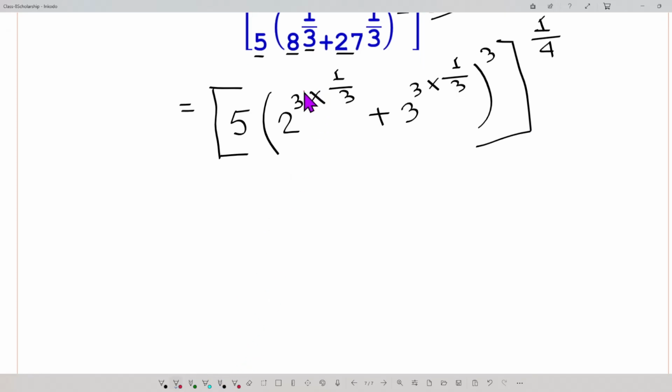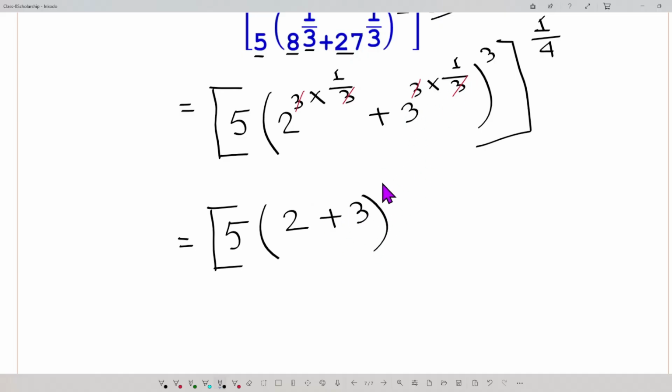Now this 3 divide 3, again 3 divide 3. So almost simplification complete. Here is 5, then 2 to the power 1, it means only 2. Here is 3 to the power 1, again 3, and this is 2 plus 3, to the power 3, and whole to the power 1 by 4.